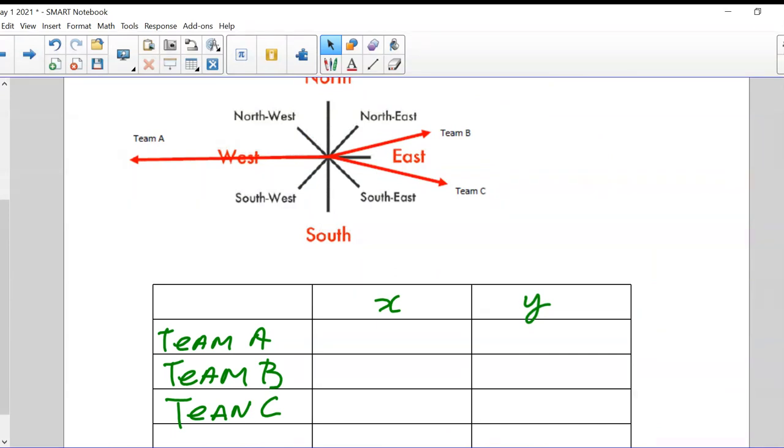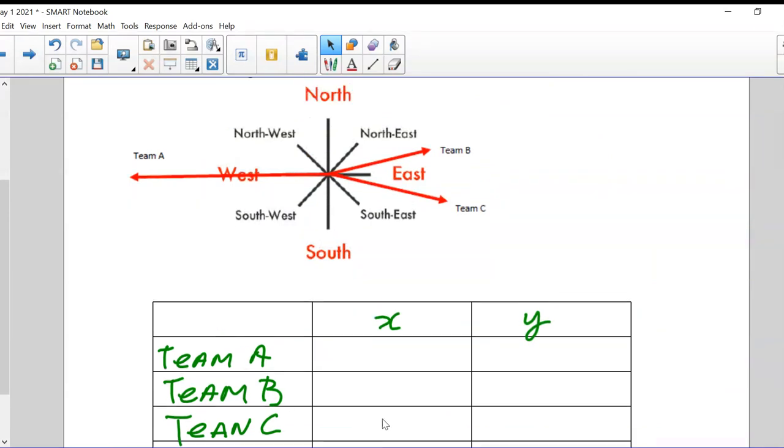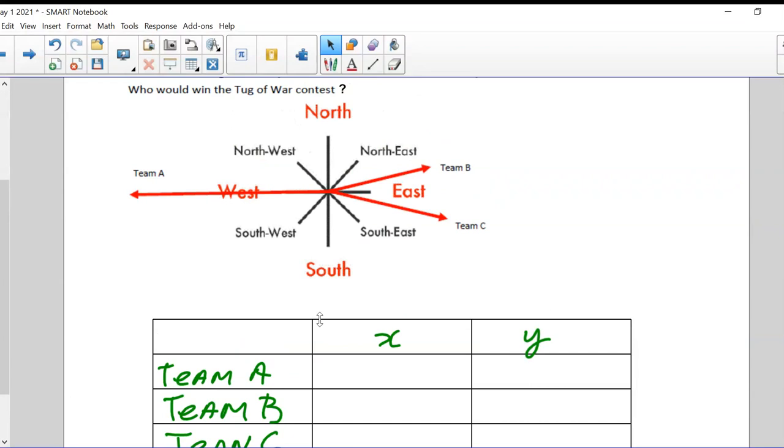Okay? So can you help me now to figure out, using team A, remember that this is strictly going to the left. And also think about this in terms of the coordinates that you would use to put in the X and Y column.